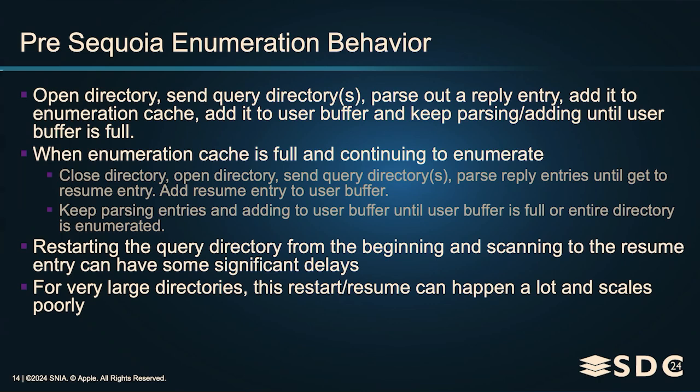So you would see us constantly closing the directory and reopening it to start again, going further down, returning those, and then again and again. It turns out some servers, when you close and restart a directory enumeration at the beginning, can have a huge delay. And the more entries you had in the directory, the worse the problem became.